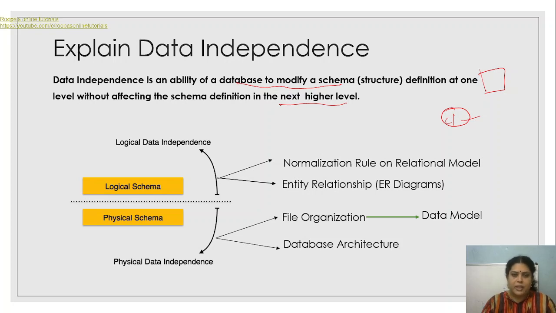Then we have file organization. This is the physical medium, that is, how the data is allocated in your memory. That is done through the different data models and the database architecture.